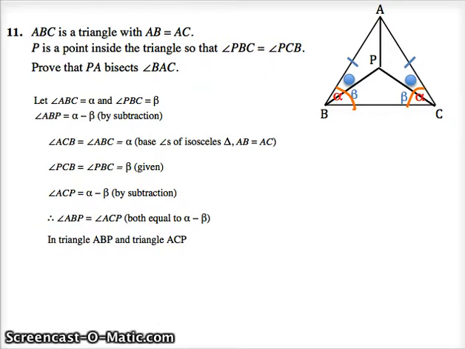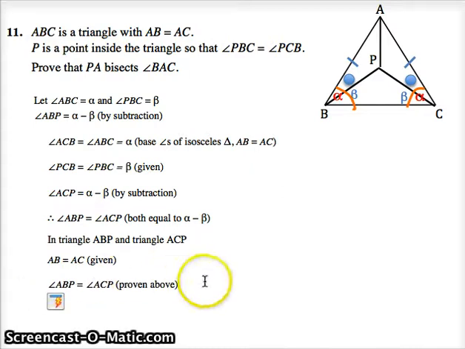We can see that for a start, AB equals AC, which has been given, so we can write that down. That's our first bit of information for our congruency proof. We also know that angle ABP equals angle ACP, which was proven in that part above. So we can say that angle ABP equals angle ACP, proven above. We're now looking for one last piece of information.